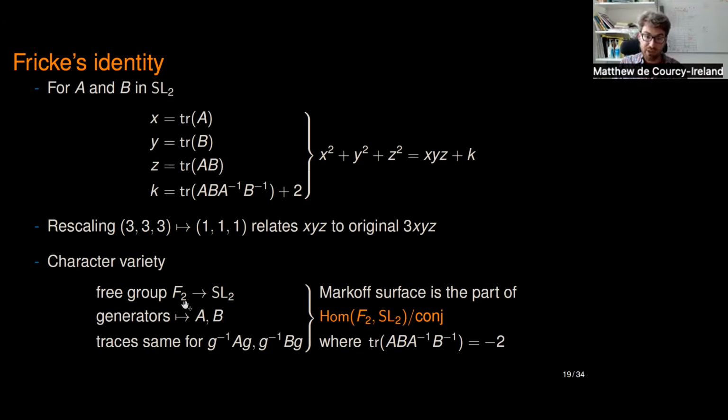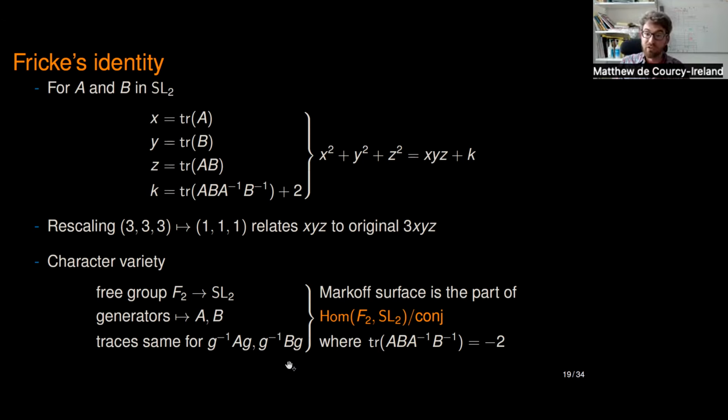You can map a free group on 2 generators into SL2 by sending the generators to whichever matrices you like, A and B. And the traces will be the same for any conjugate by the same G of both those matrices. So certainly the trace of A and the trace of B will be invariant under conjugation, but if you use the same G, it'll also cancel out in the product and the commutator.